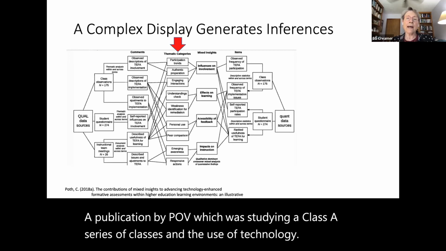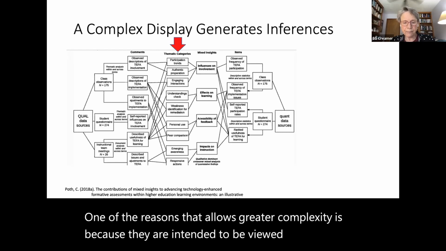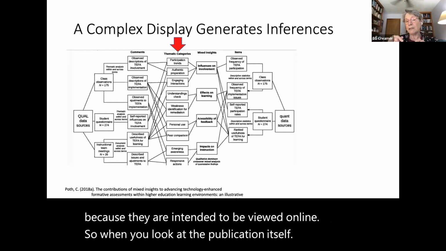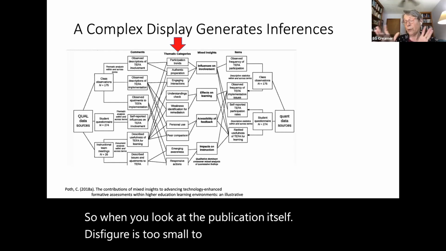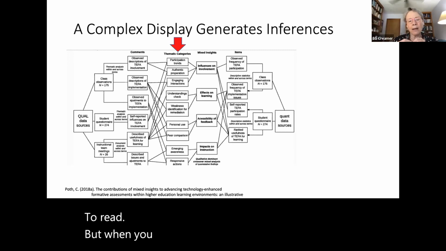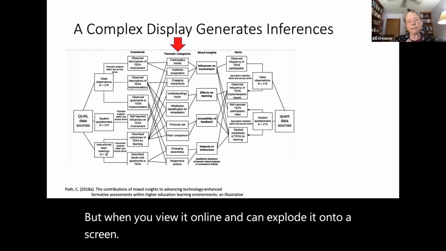One of the reasons that allows greater complexity is because they are intended to be viewed online. So when you look at the publication itself, this figure is too small to read. But when you view it online and can explode it onto a screen, it becomes useful.